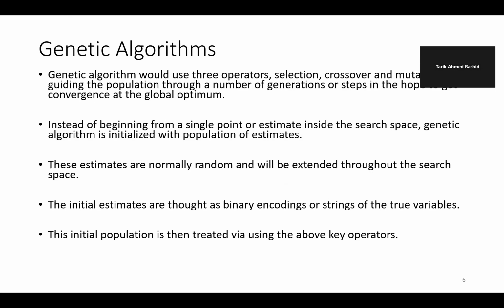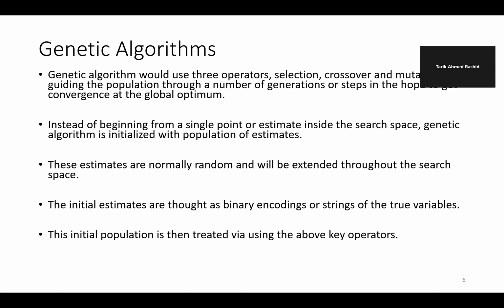Genetic algorithm uses three operators, as we explained: selection, crossover, and mutation, where mutation is optional. These three operators guide the algorithm to arrive at the convergence point, which is near optimal or optimal. So instead of starting from a single point or estimate inside the search space, genetic algorithm is initialized with a population of estimates.